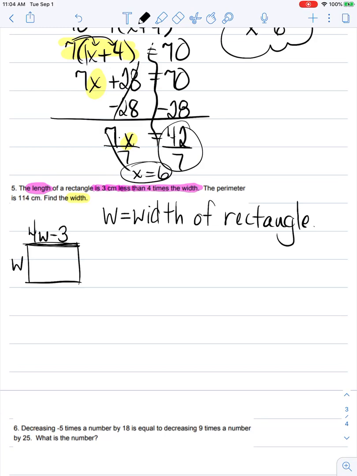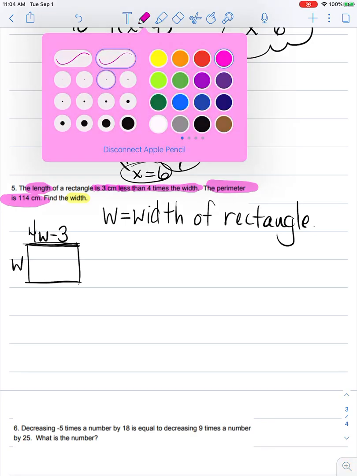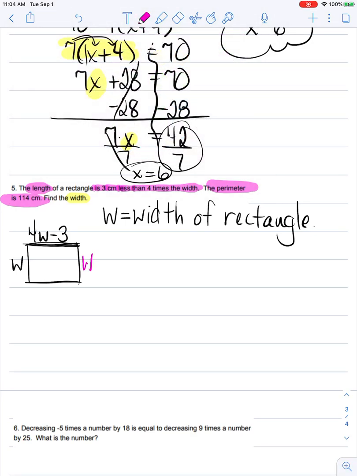The perimeter is 114 centimeters. Find the width. So let's talk about this. What does perimeter mean? So again, going back to what I know, perimeter just means the distance around. So that means this width is also here, and this length is also here.